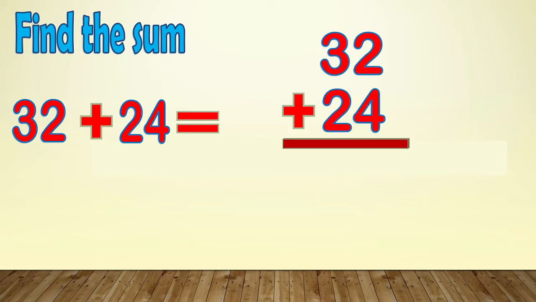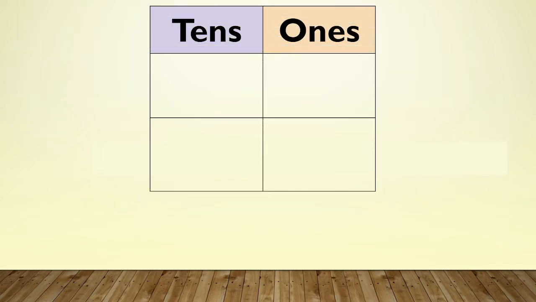Like this. Place the digit of the number in a column based on their place value. 3 tenths.